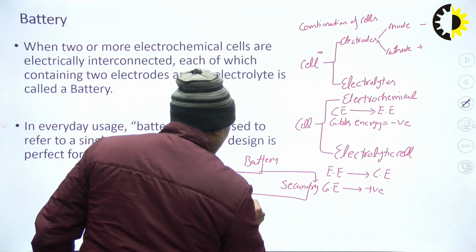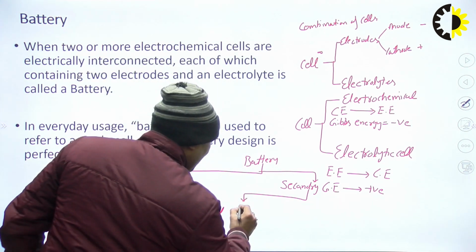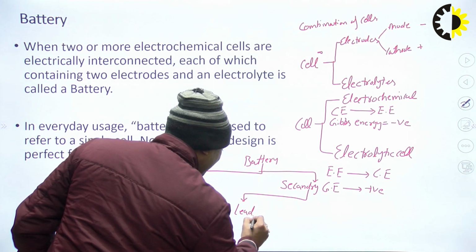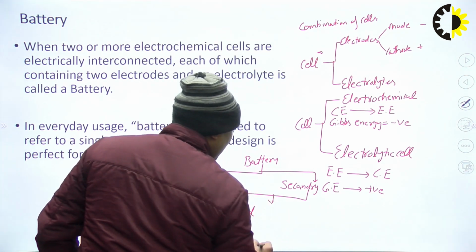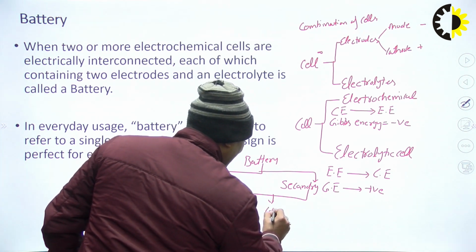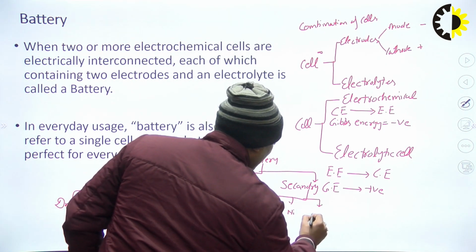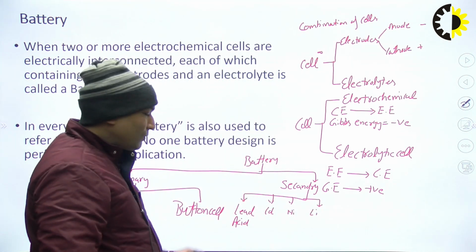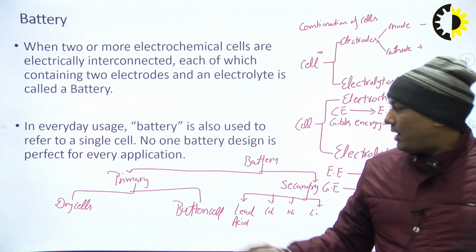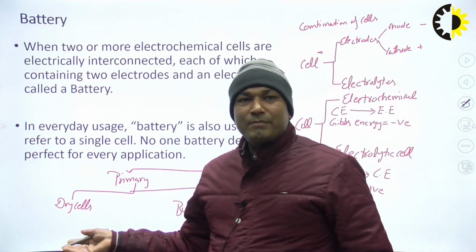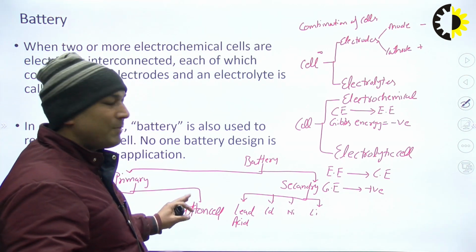So on the basis of structure and uses, it can be lead acid battery, cadmium battery, nickel battery and lithium ion battery. So this is also one of the classifications of the battery: primary, secondary, and in dry cells we study the pencil cell or Daniell cell, or you can say Leclanché cell, and the button cells.